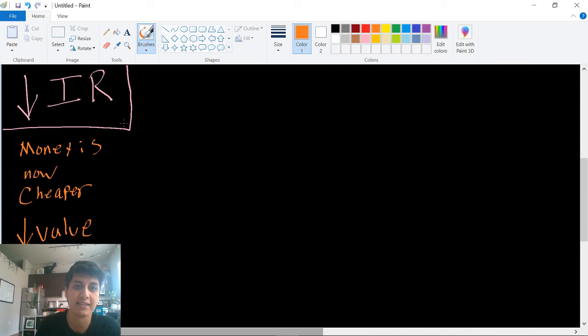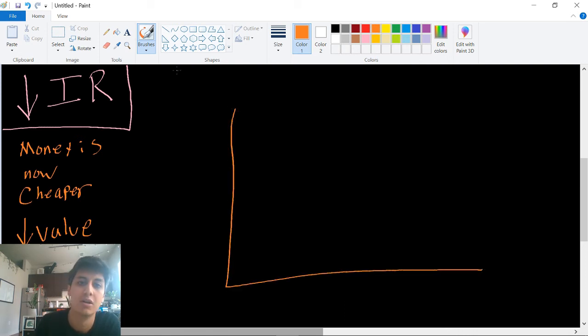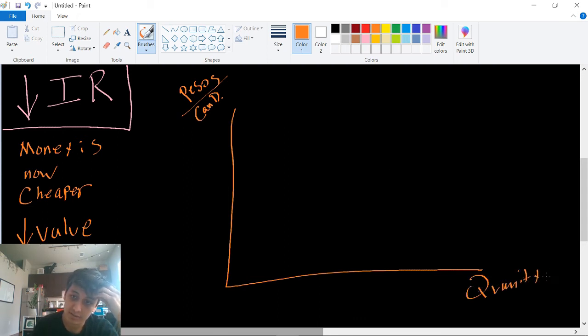Now we can apply this to our foreign exchange market graph. We have pesos, and we have Canadian dollars. We have candy, and then we have the quantity of candy.